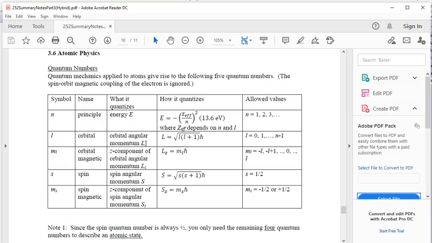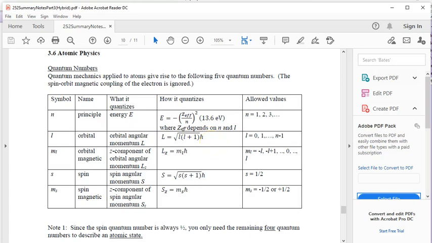Well, it turns out it's a little bit more complicated than that. He's right that the orbital angular momentum is quantized, but in fact, here's the dependence. The size of L has to be the square root of this orbital quantum number l times l plus 1. Then you multiply that radical, whatever that number is, times h bar.